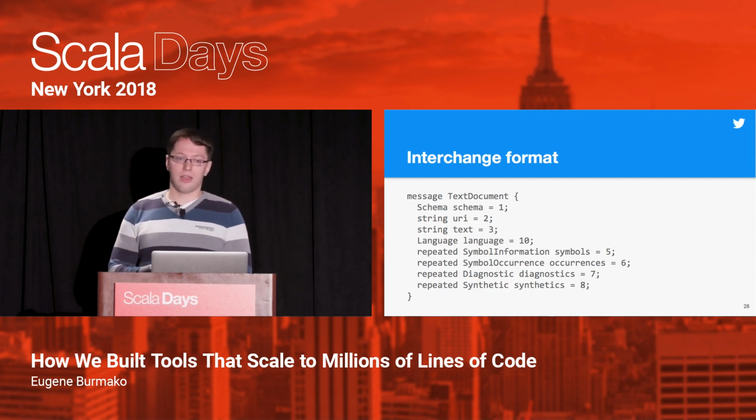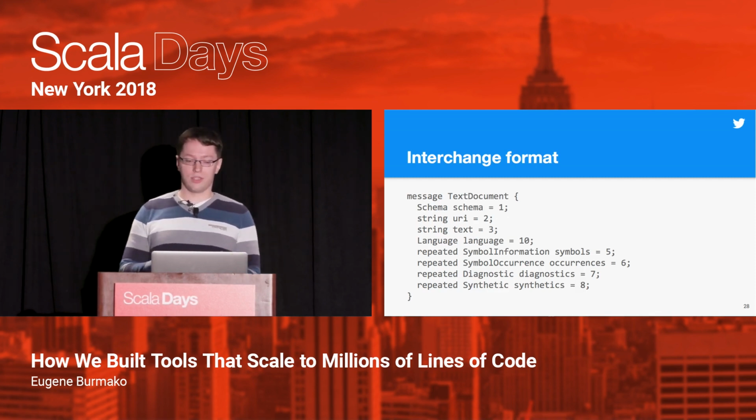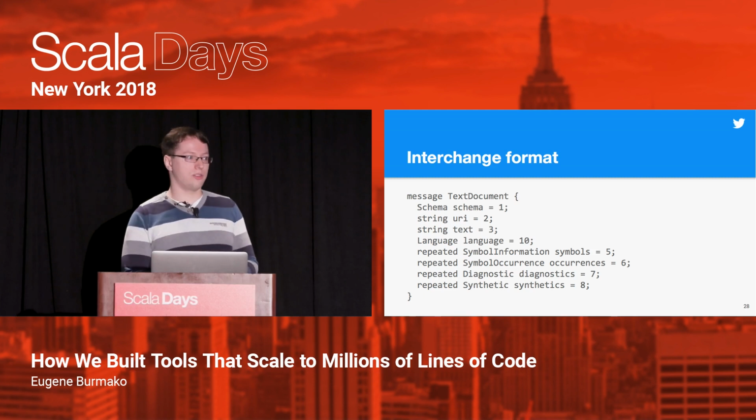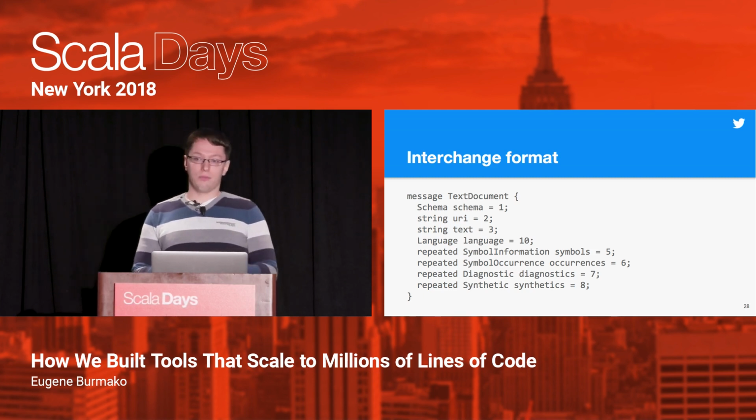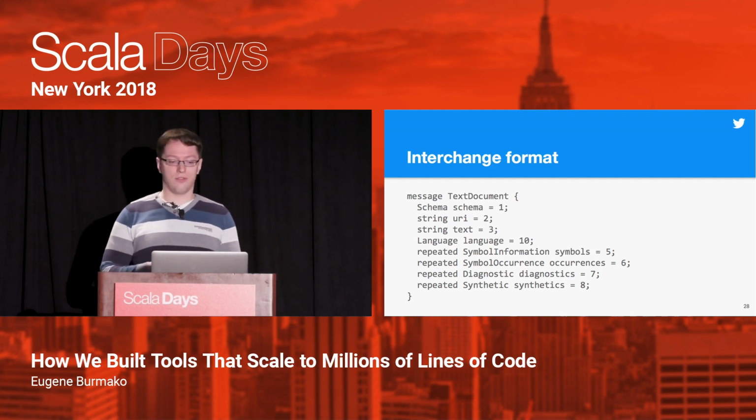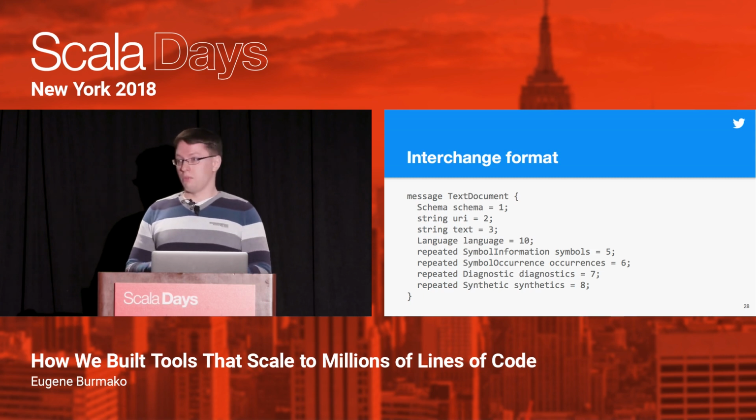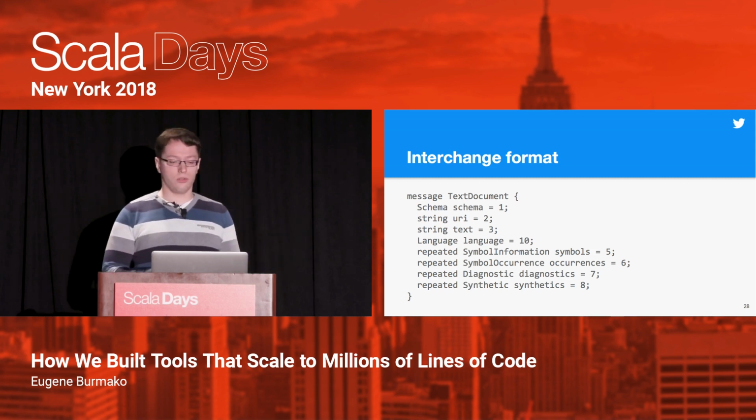Here on the slide, you see a protobuf instantiation of a central data structure in our model called TextDocument. TextDocument contains semantic information about a source file, so to speak. So a source file can be specified via either a URI or its text, just embedding the source code.